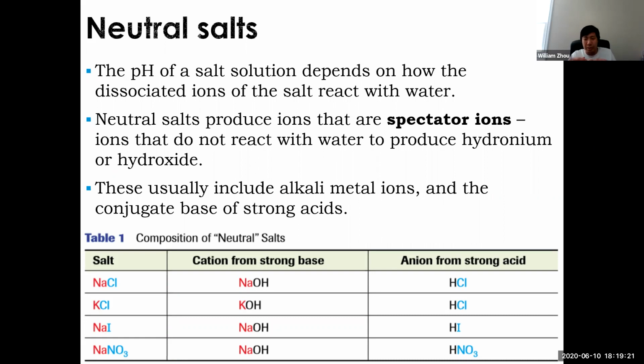So to speak, you're a spectator. You're not interested in any reactions with water. You sit there floating around and that's it.